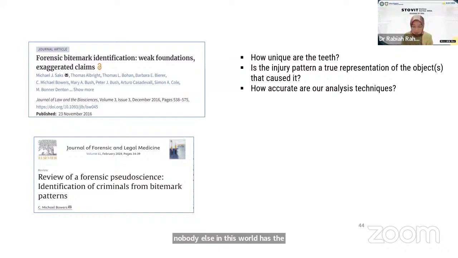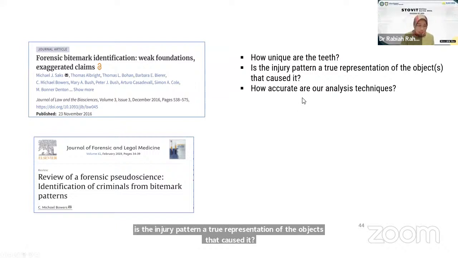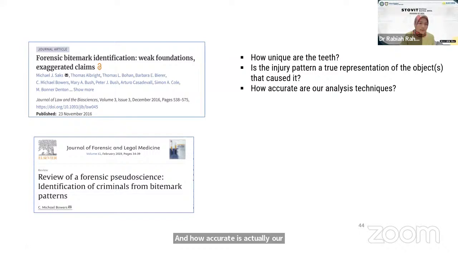Even if I wanted to do research on it, I just could not, because we have like 8 billion, or 6 billion, people in this world. So it's very difficult to prove that our teeth are unique. Then, is the injury pattern a true representation of the object that caused it? And how accurate is our analysis? So we have to really look into this.